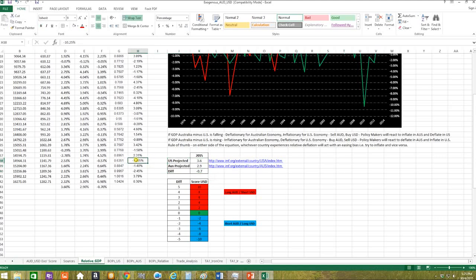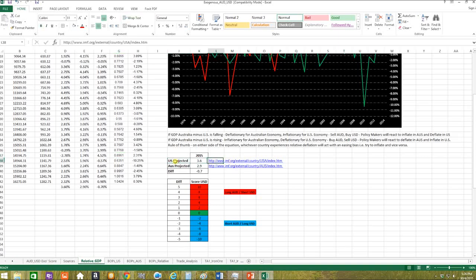There's a small caveat here: the projected number of 3.6% for the United States was actually taken at the beginning of March from the IMF website, and recently it has come down. So we're looking at this historically as if we were at the beginning of March 2015.